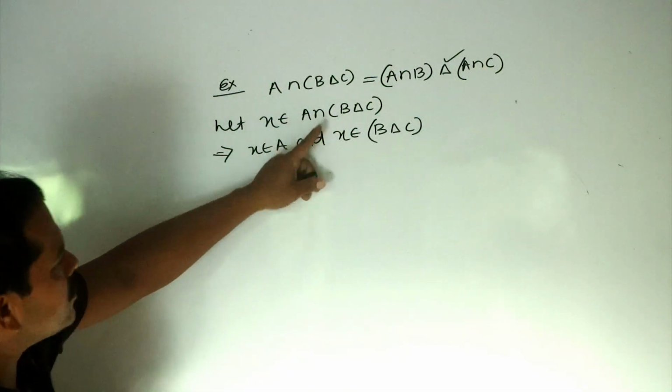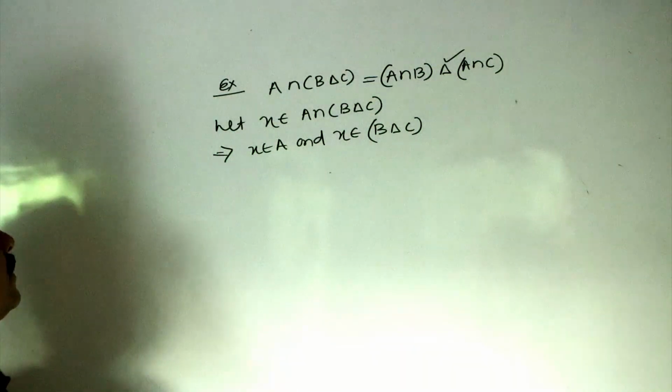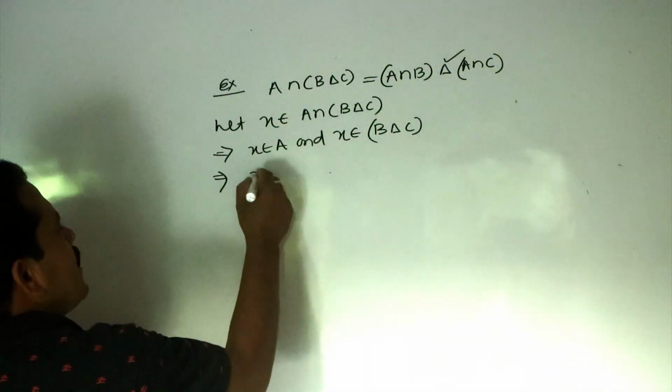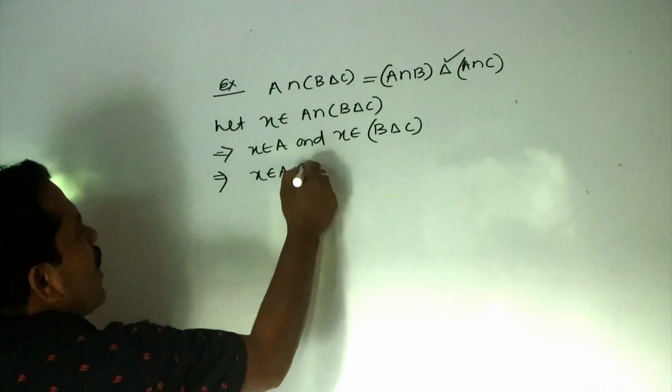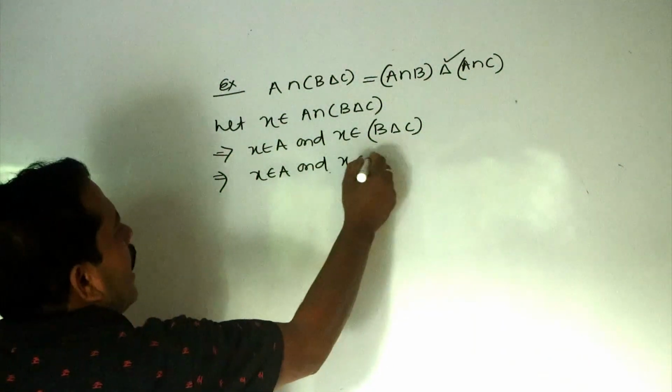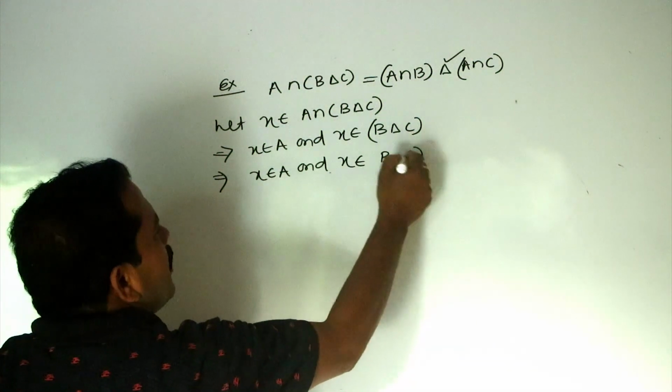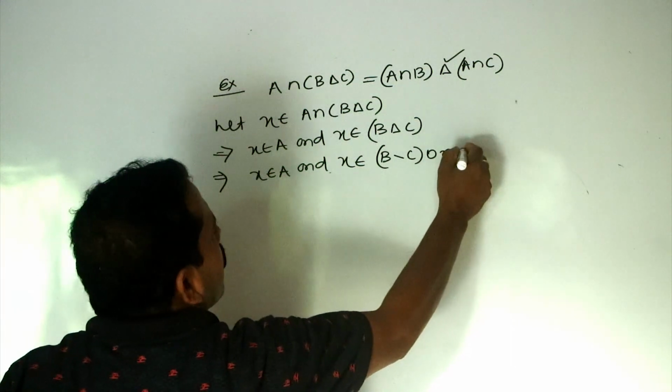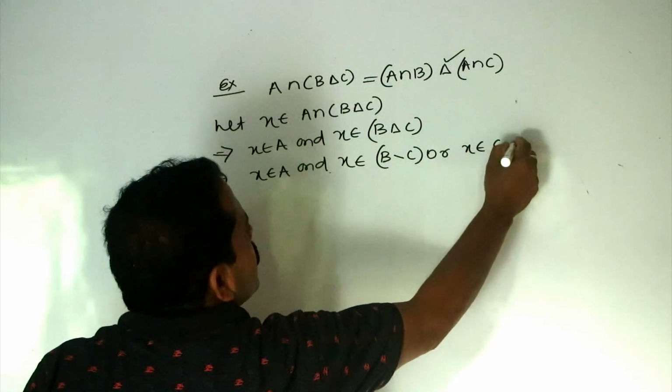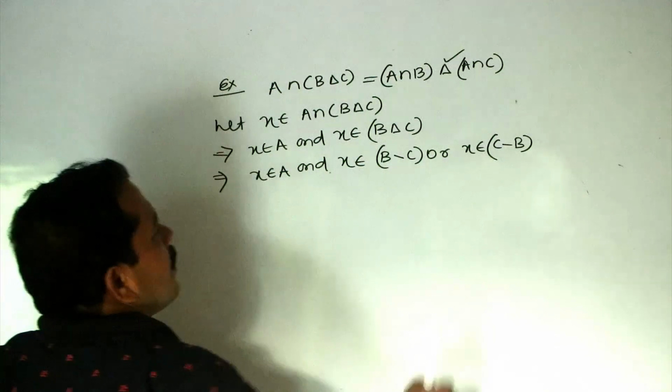Since it is intersection, we use the word AND. This implies x belongs to A and x belongs to B difference C, or x belongs to C difference B. Why?